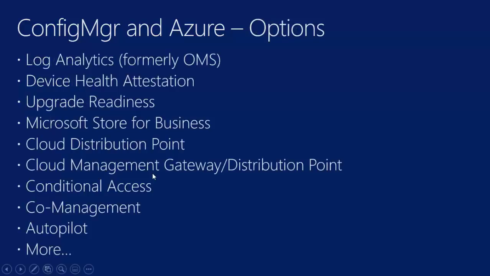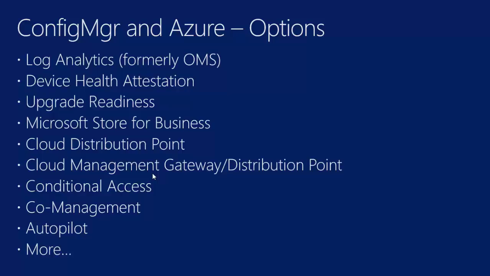Okay. And then specifically focusing on ConfigMgr and Azure in terms of options. So I've laid out several different intersections between ConfigMgr and Azure that you will see as we go through these episodes in the series, if you will, right? So the first one, log analytics. This was formerly known as the Operations Management Suite integration.